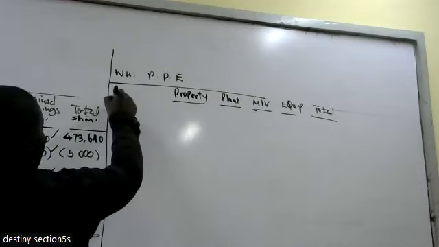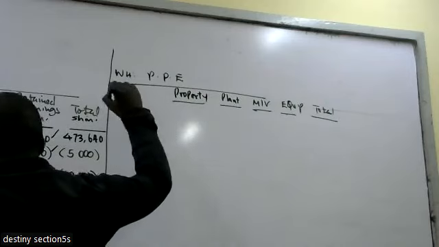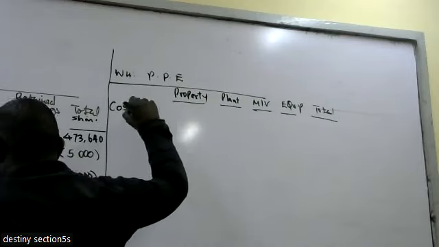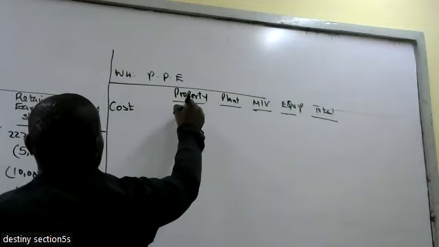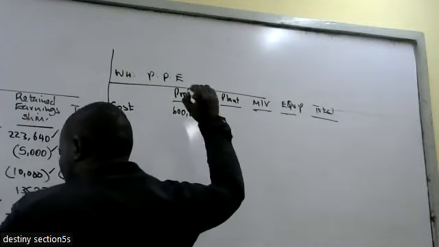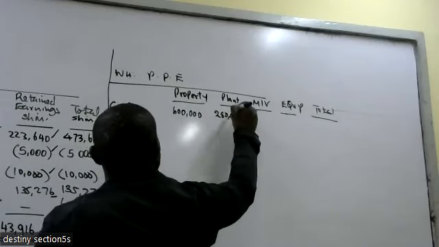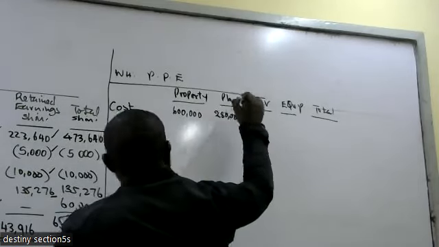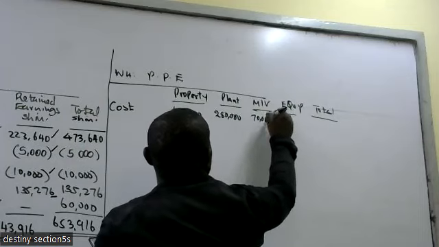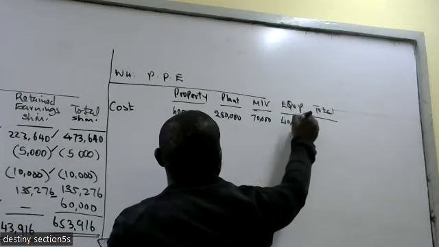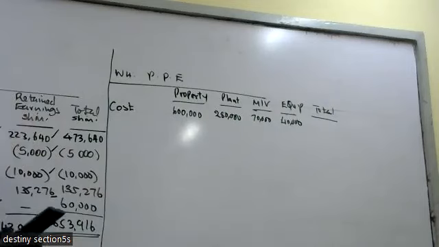So cost: 600, land 280, motor vehicle 70, 40. How much is the total cost for the four of them?